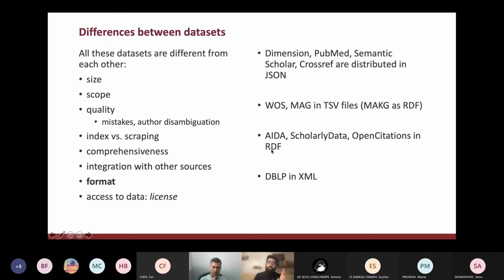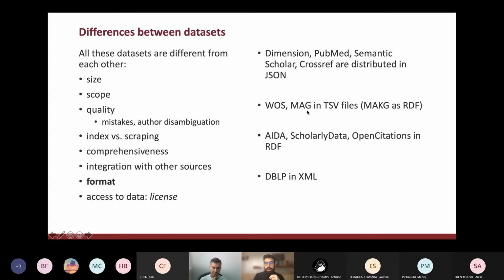Another difference that I mentioned to you before is also the format. So Dimensions, PubMed, Semantic Scholar, Crossref are distributed in JSON because it's easy to manipulate, it's easy to integrate, but as I mentioned to you before, the richness comes with RDF, because links in RDF can also be represented and have a meaning, and then the entities have got their own information and so on.